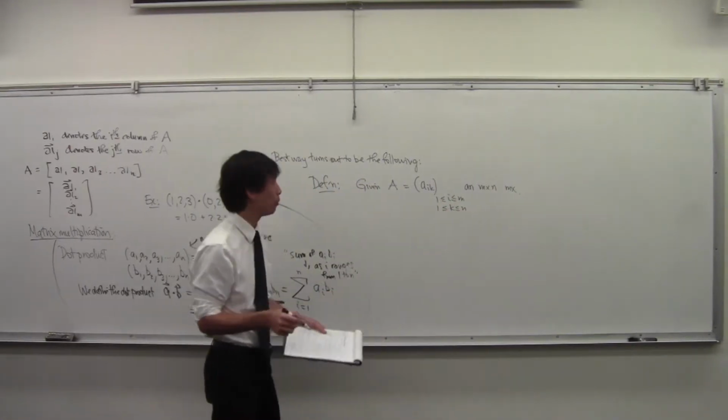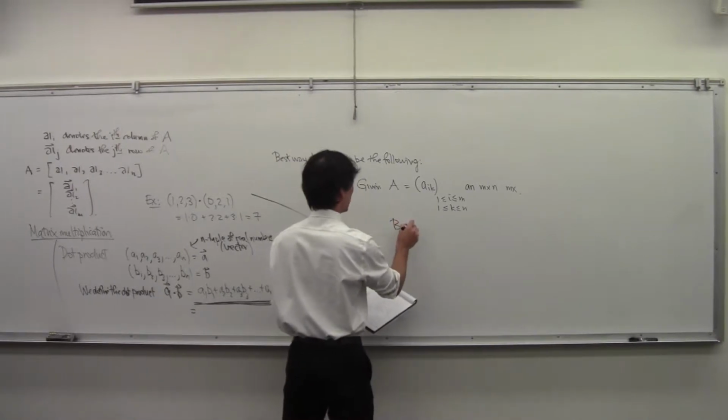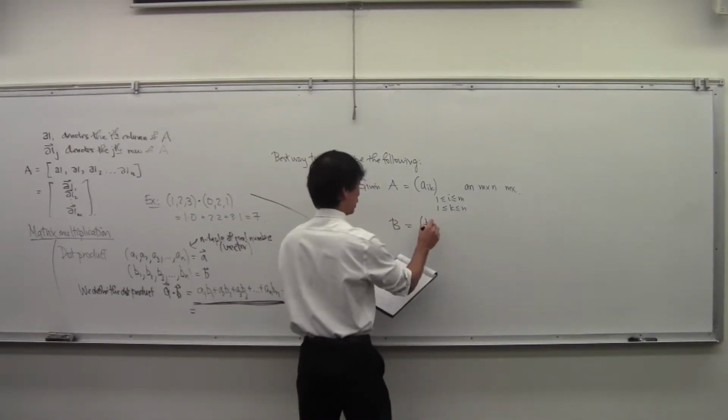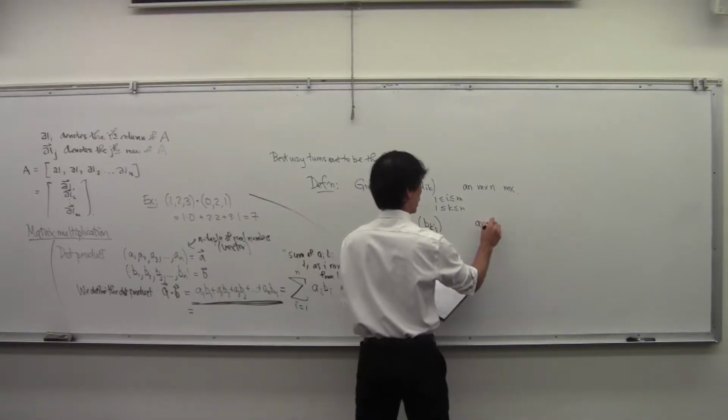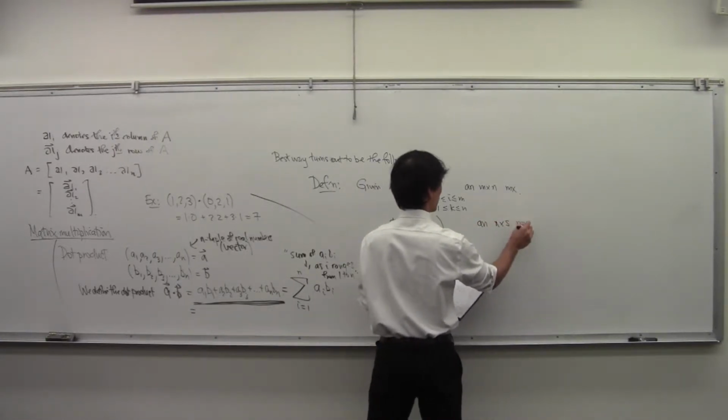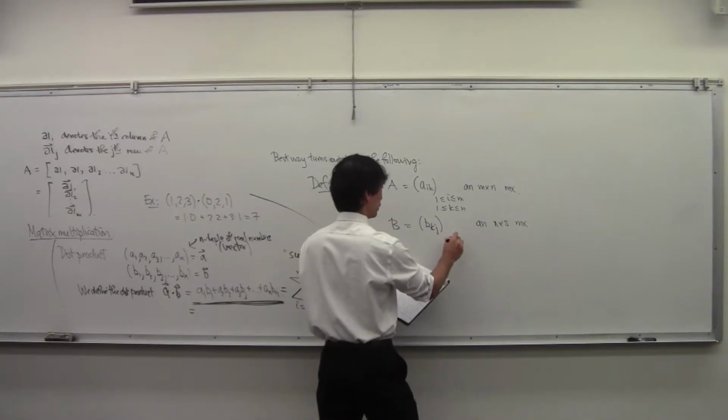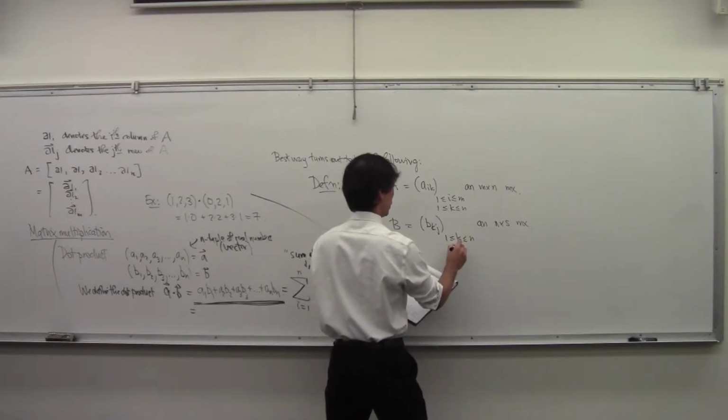Given A, one matrix, and B, with entries b_kj, an n by s matrix, where k ranges from 1 to n, and of course j from 1 to s.